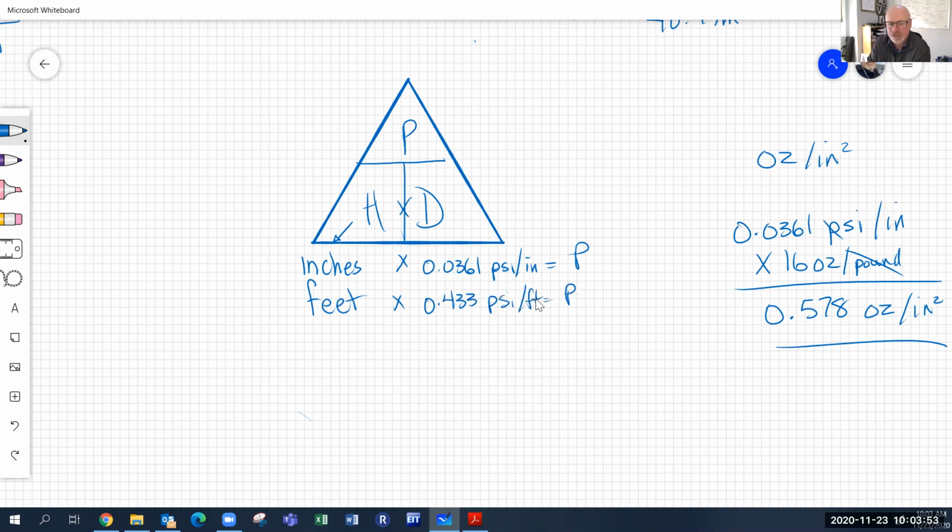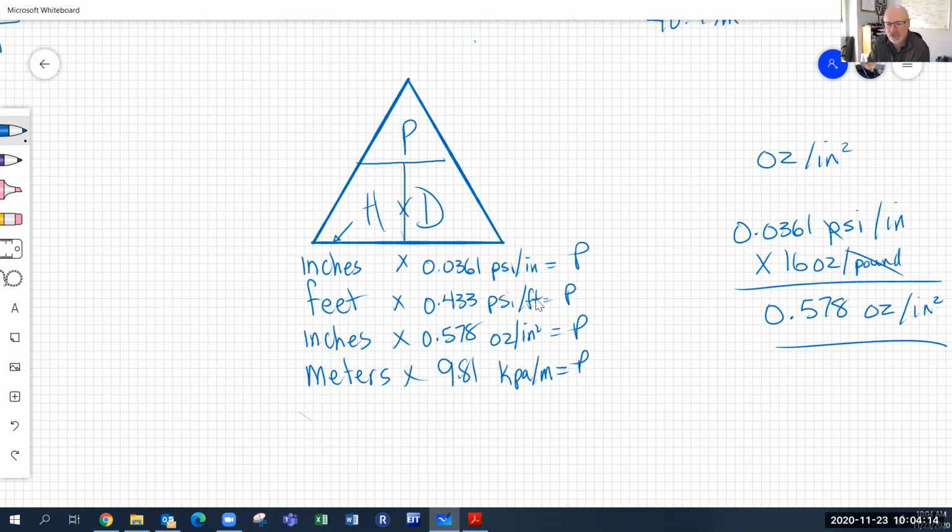If we talk about inches of water again, and we multiply by 0.578 ounces per inch squared, it gives me my pressure. If we're talking about meters of water, we multiply by 9.81 kPa per meter.